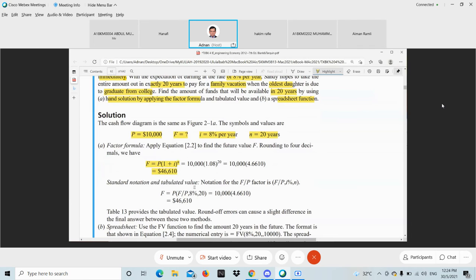If you go back to the factor table at the end of your books, you get the same thing: P is 10,000, and 4.6610 is from the table, and you get the same answer.